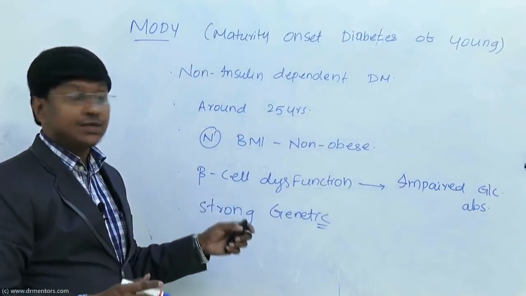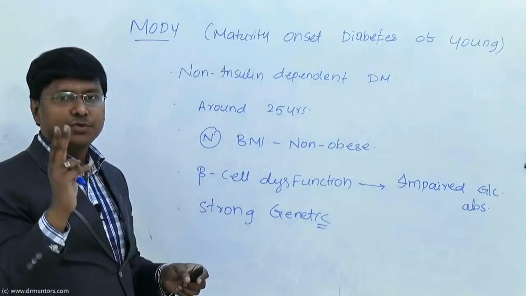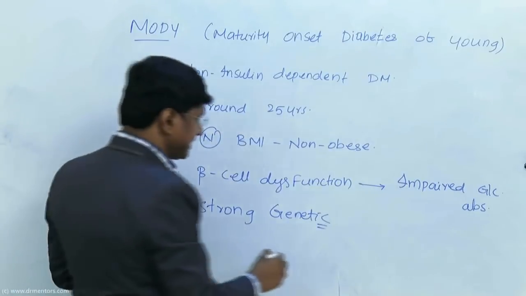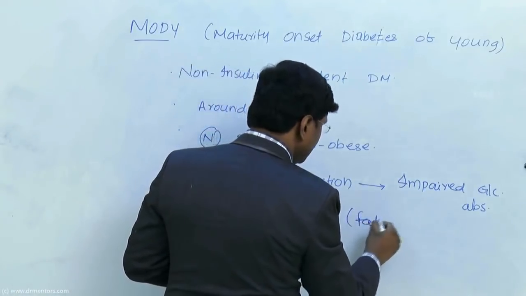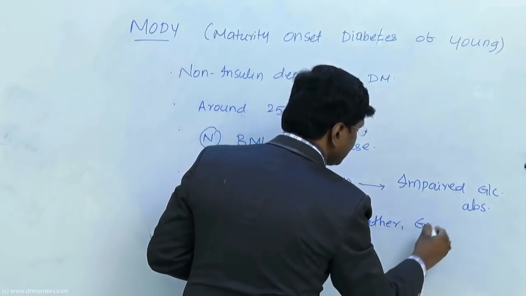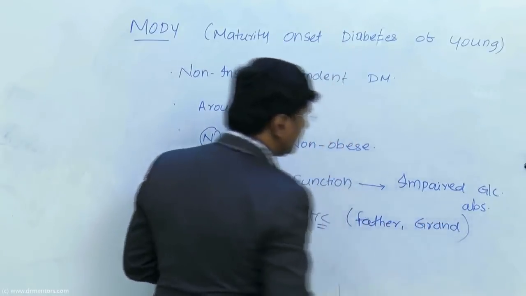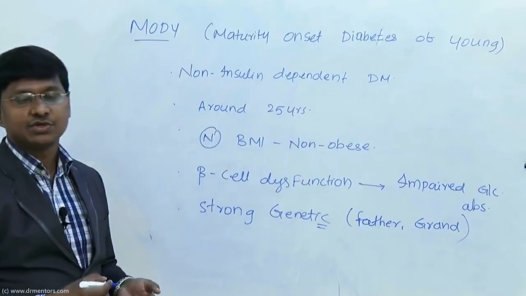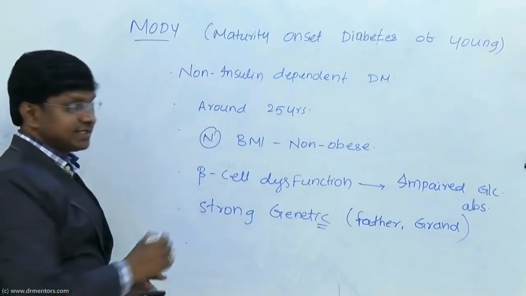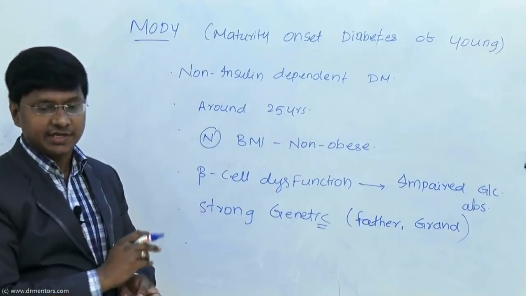That means to consider MODY, minimum 2 generations should be diabetic. That is, father and as well as grandfather should be diabetic to consider the diagnosis of MODY. So it is a very strong genetic inheritance.